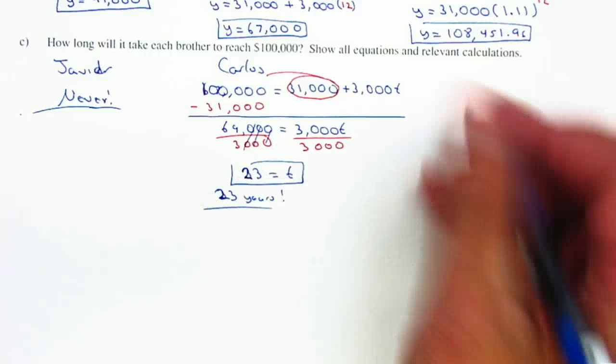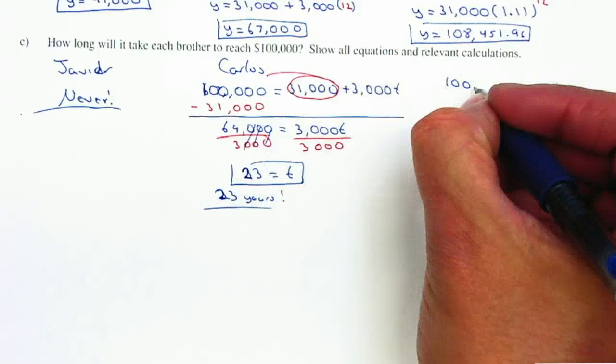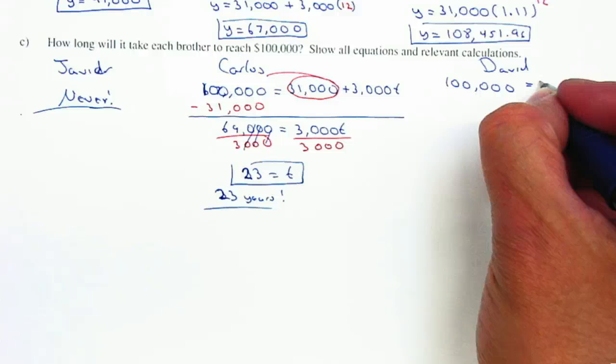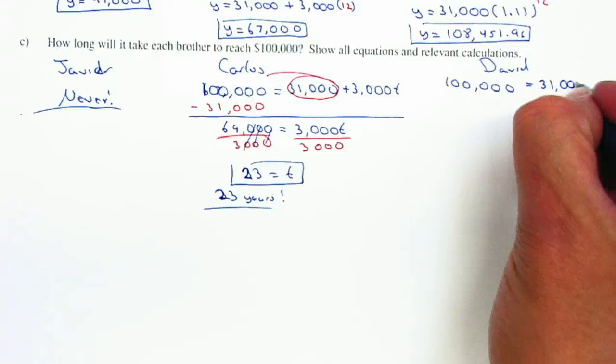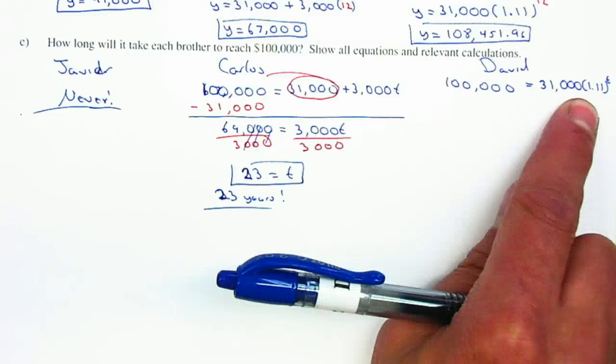For David, we're going to go through the same process. Instead of that Y, we're going to replace it with 100,000. And I need to leave the T by itself. First, the 31,000 is multiplying, so I'm going to divide by 31,000.